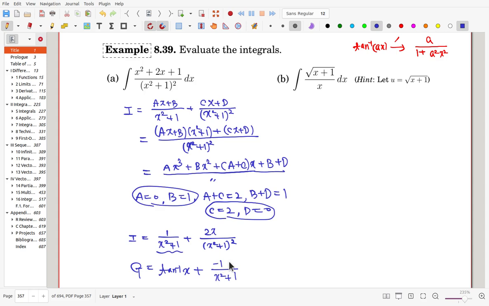So we put a negative here, and finally the integration constant. That's the final answer.